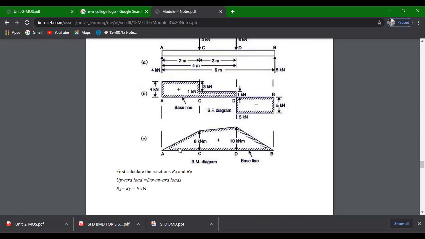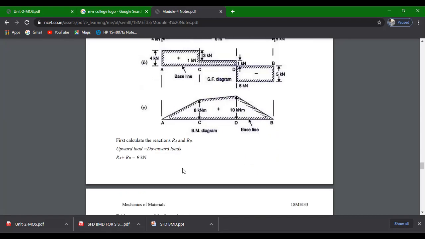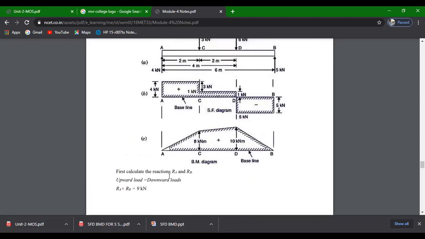From C to A, another inclined line will be there. Okay, this is the basic procedure of constructing the diagrams by predicting the values of how the SFD and BMD diagrams are expected.